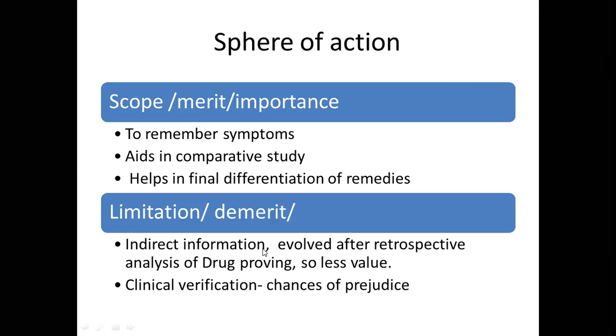So what happens? Even though there are gastrointestinal symptoms in Rhus tox and Ruta, this prejudice will never allow us to prescribe Rhus tox, Ruta and Bryonia like remedies in the gastrointestinal tract. So this is the limitation.